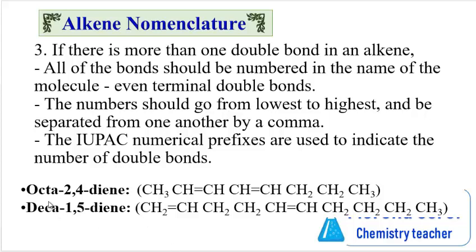The first molecule has two double bonds in position 2 and position 4, so the name will be octa-2,4-diene. The second molecule has two double bonds in first position and 5 position, so the name will be deca-1,5-diene.